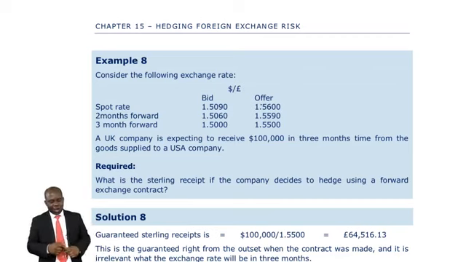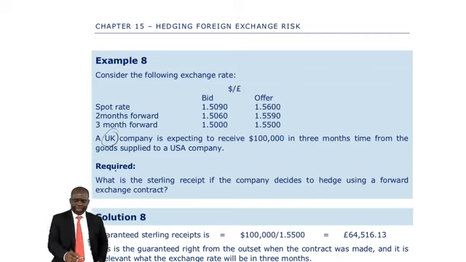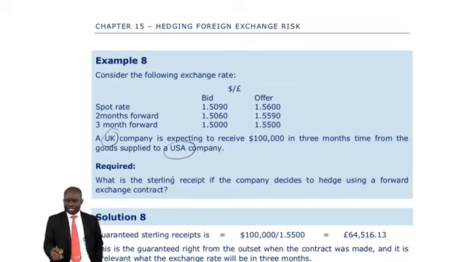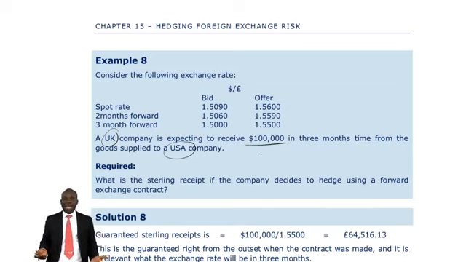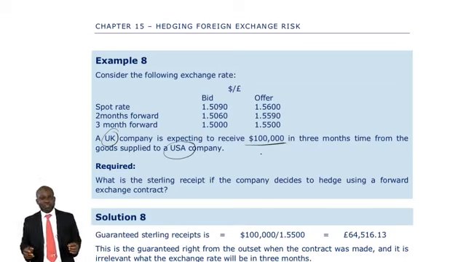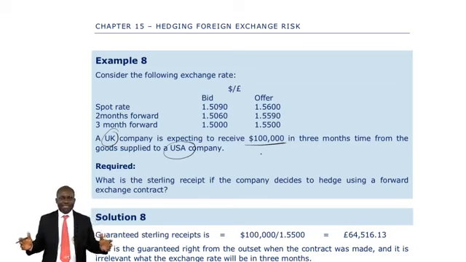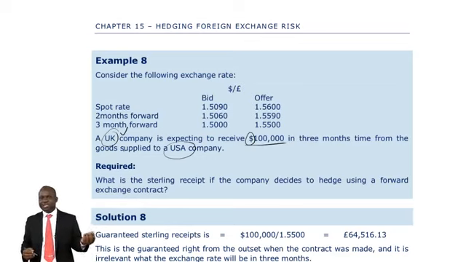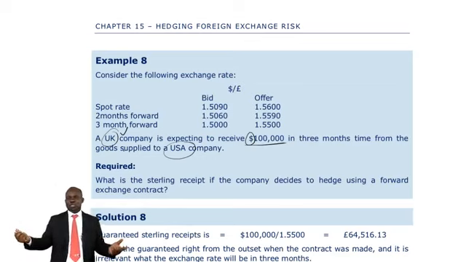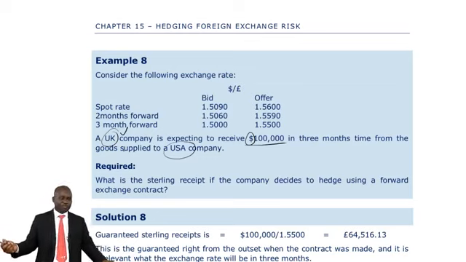Okay, my company is based in the UK and it has made sales to a company in the US and is expected to receive $100,000 in 3 months' time. Have I got a transaction exposure? Answer here is yes, because the transaction is denominated in dollars. I am based in the UK and my currency is pounds, so dollars are a foreign currency.